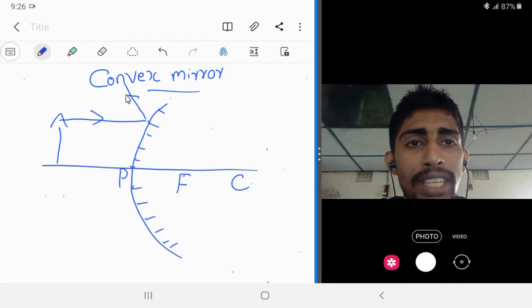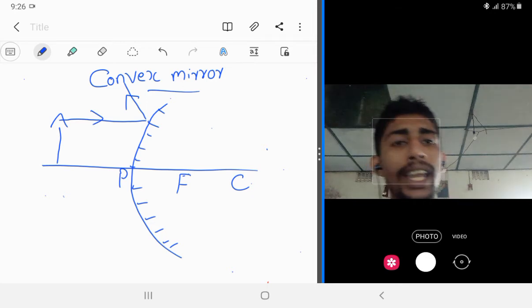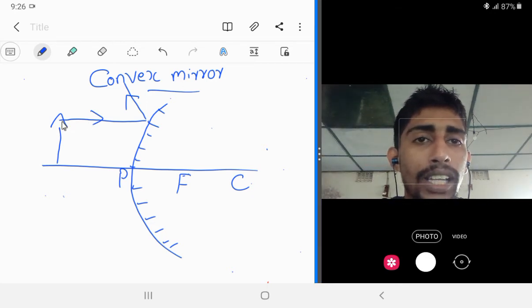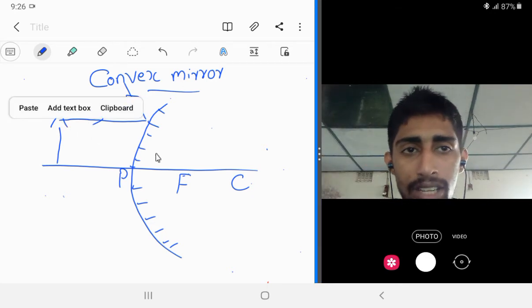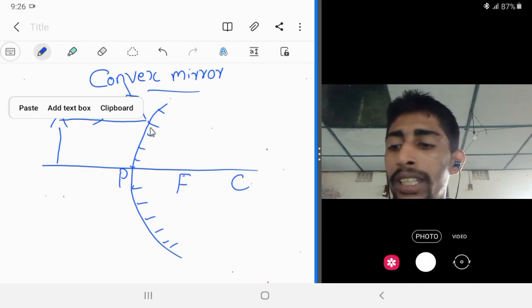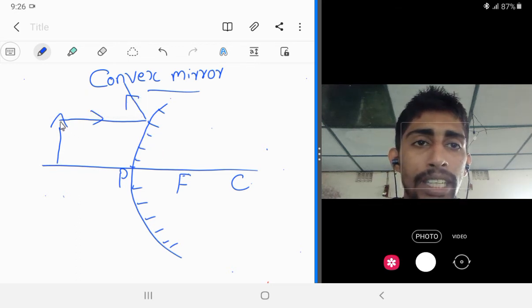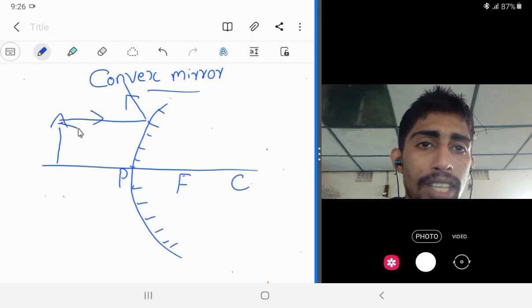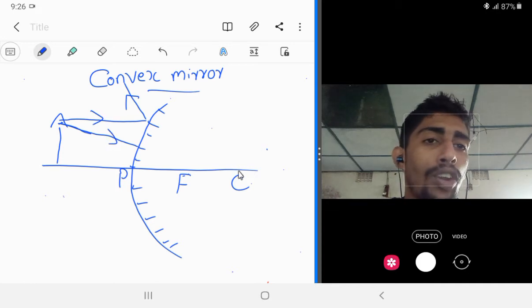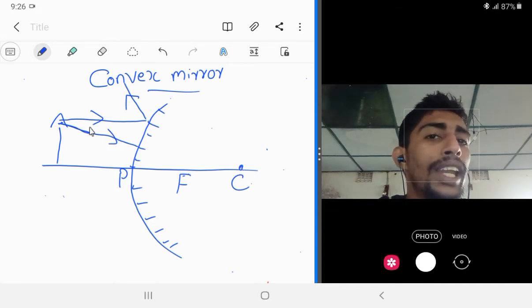So you can see here. Then if the light rays are coming in the direction of the center of curvature, they will reflect back in the same direction.